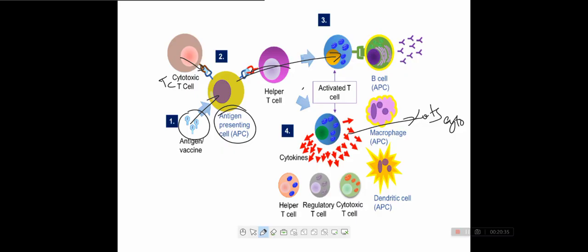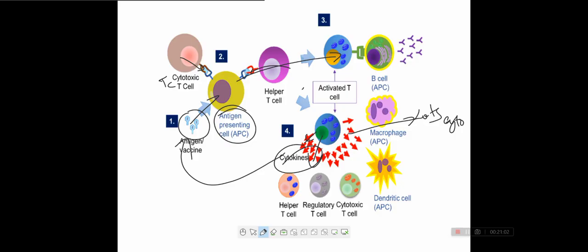So when the TC cell is activated, they release lots of molecules, that is cytokinin. And this cytokinin degrades the pathogen. Clear?